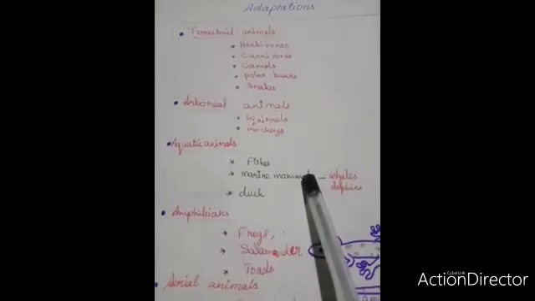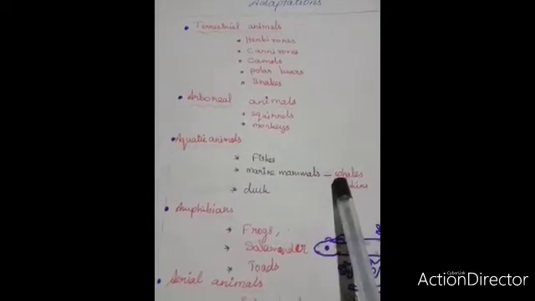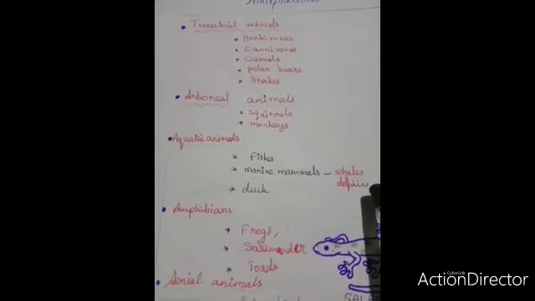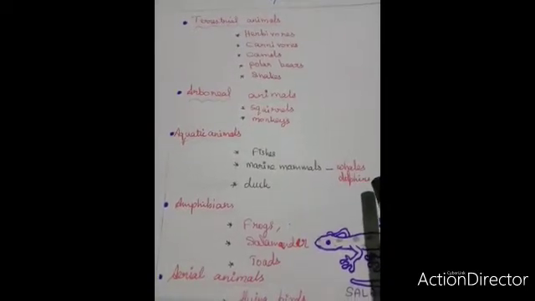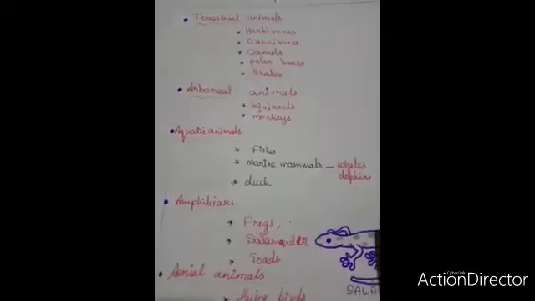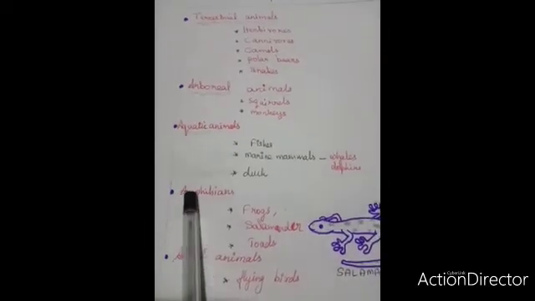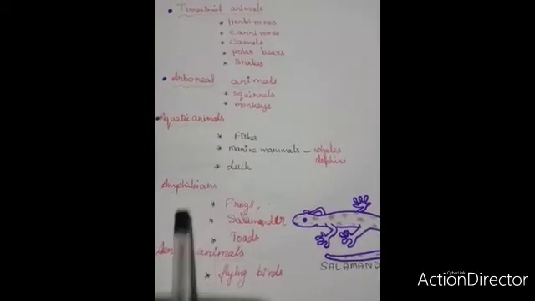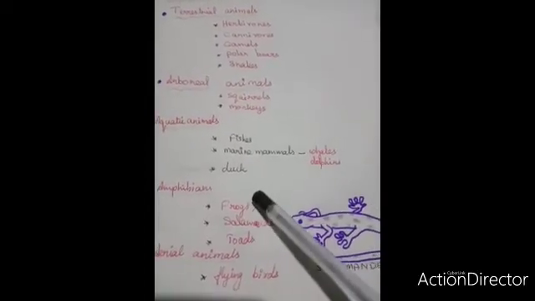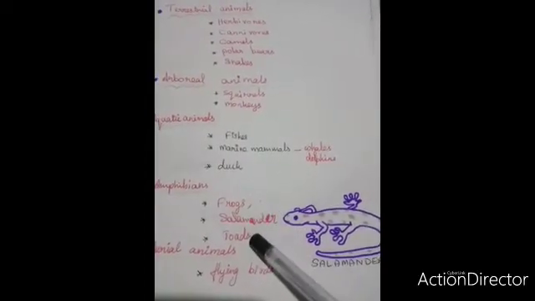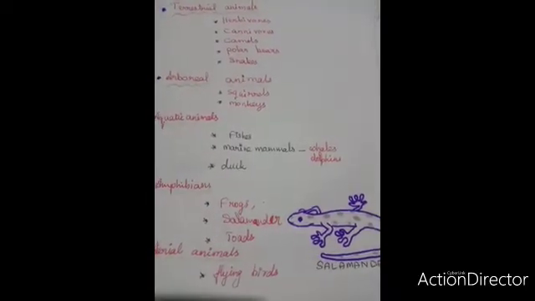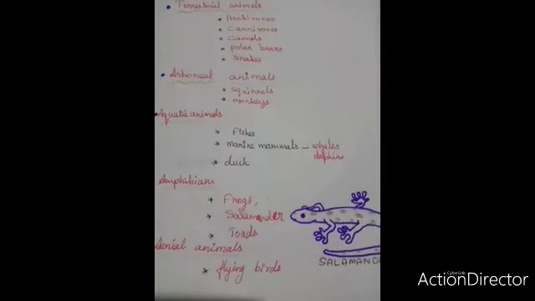Marine mammals, they have lungs to breathe under the water. These two animals come out of the water to take short breath from the atmospheric air. Amphibians are the animals which live on land and also in water. Example, frogs, toads and salamander. Pronounce again, salamander.